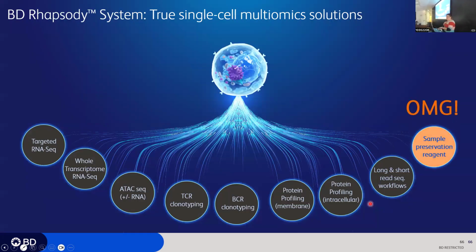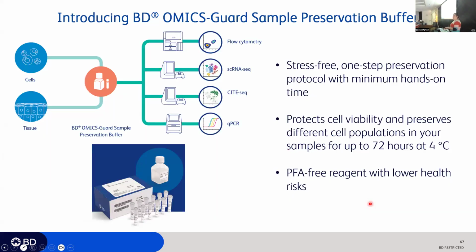And then I wanted to round it out talking about our sample preservation reagent options. So we have our first sample preservation reagent option, which is called Omics Guard. So this buffer is a one-step preservation protocol where we can preserve tissue, single-cell suspension, or whole blood at 4 degrees for up to 72 hours.